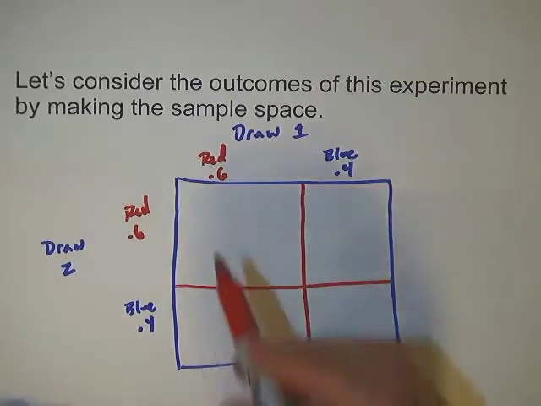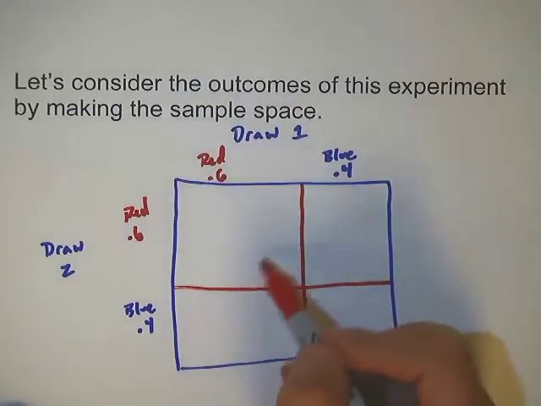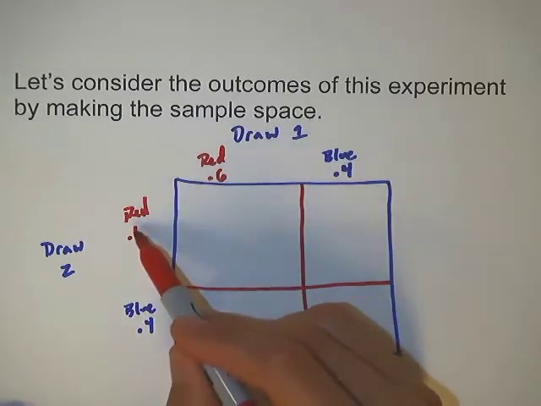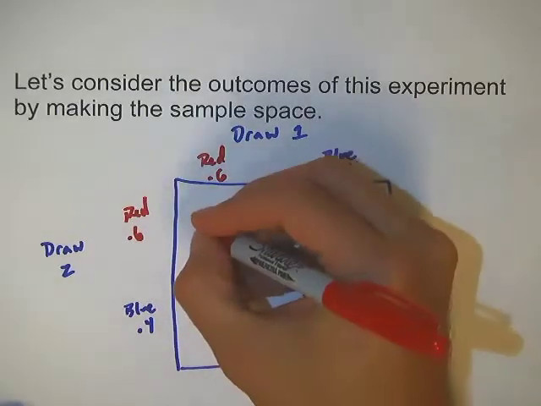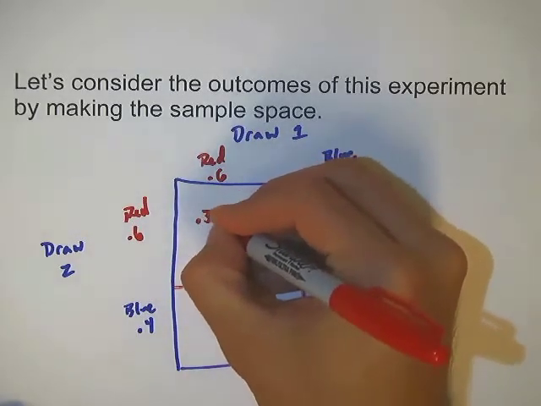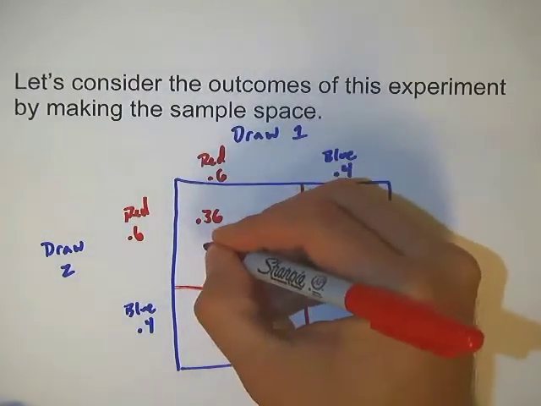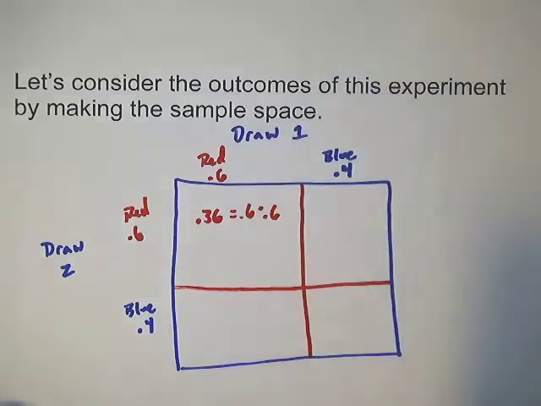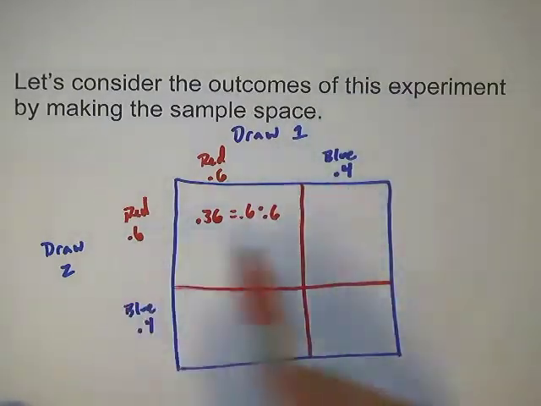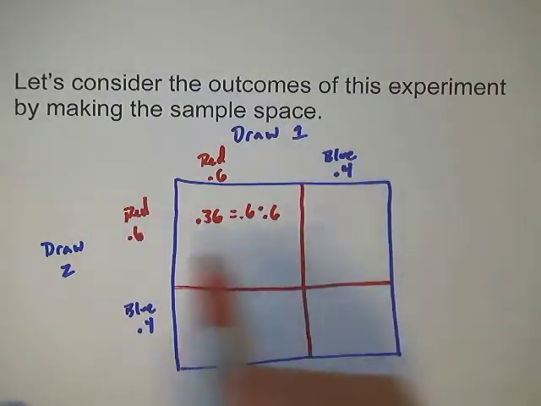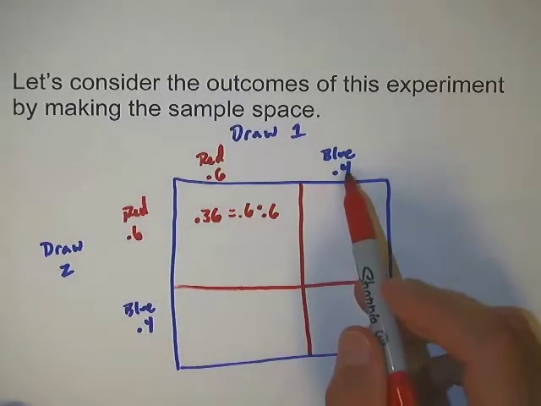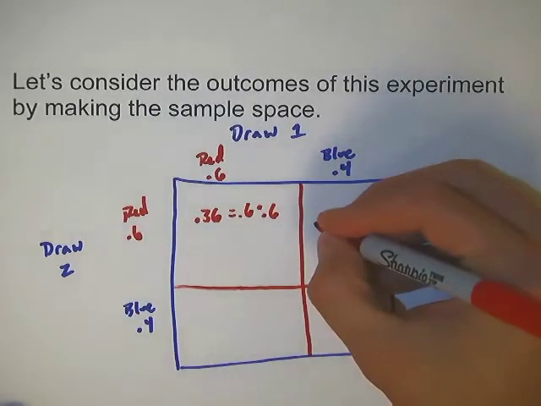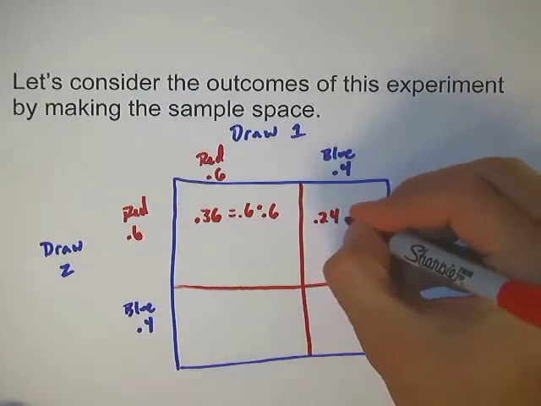If we use that same idea to think about this outcome, getting a red on the first and a red on the second, if we multiply those together, that would be 0.36, which is 0.6 times 0.6. If we do a blue first and then a red second, it'd be 0.4 times 0.6, which would be 0.24.